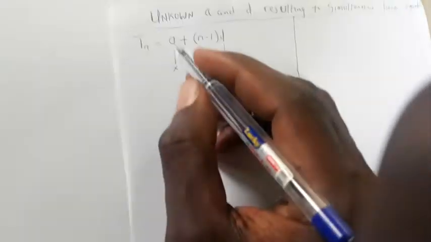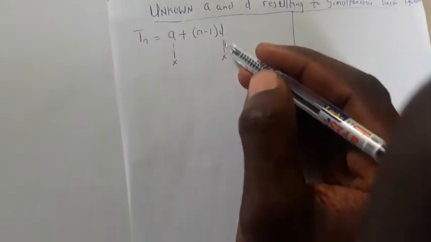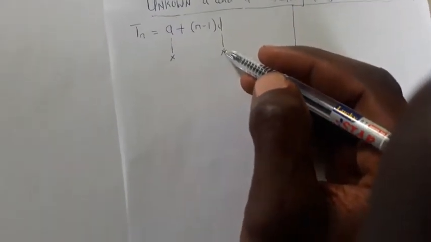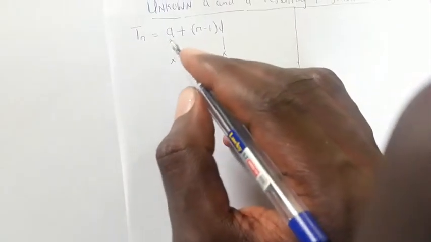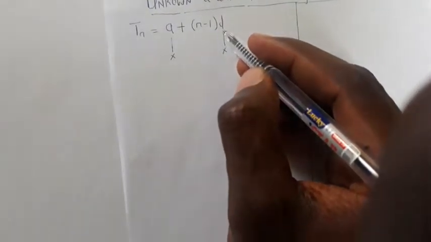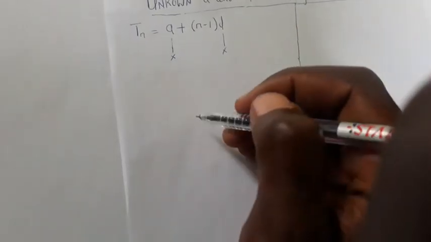That is the logic. So you are going to read the question. Once you read the question and you find out that you are not given your A, which is the first term, and the question does not signify your D, which is the common difference, then it will lead to simultaneous equation.